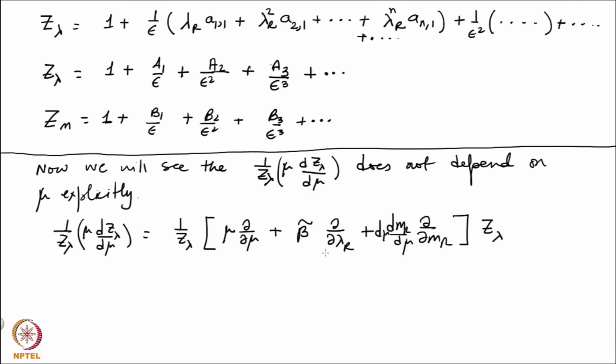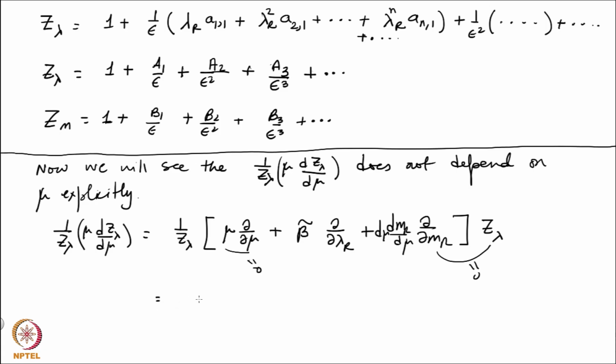Okay, and as I have said already, z lambda is independent of mr, so this derivative acting on this gives you 0. Similarly, this derivative acting on z lambda gives you 0 because there is no explicit dependence on mu. So that also gives you 0. Okay.